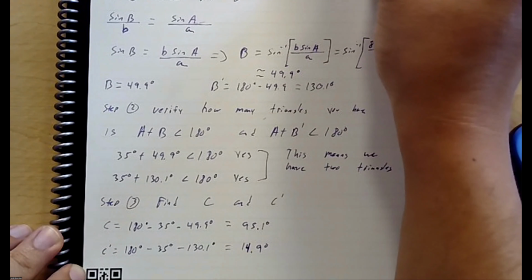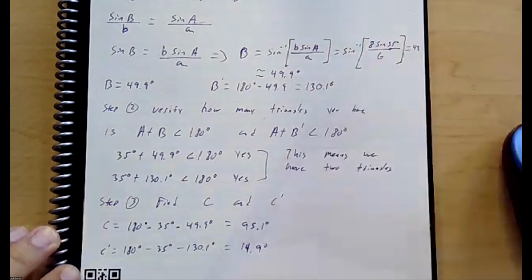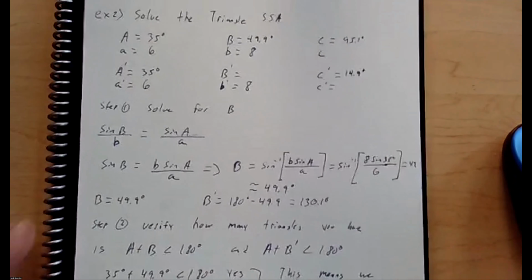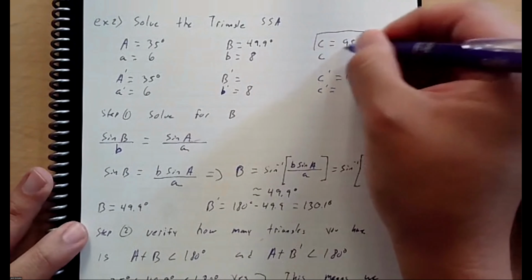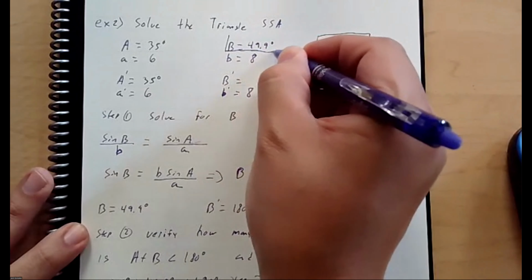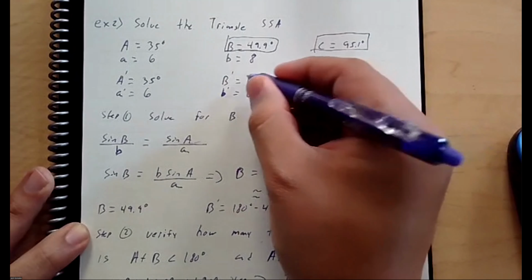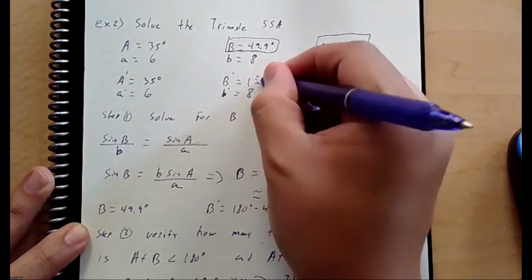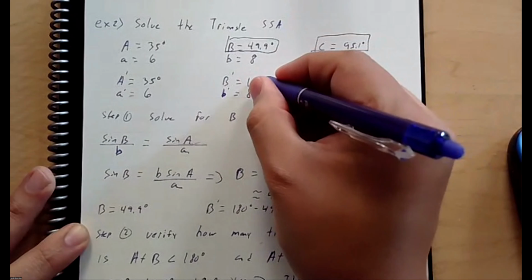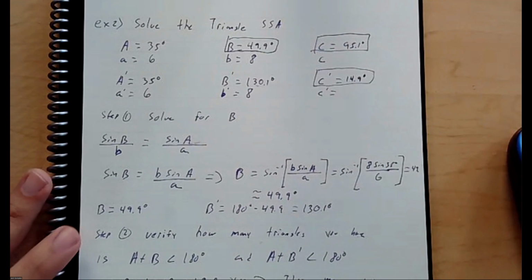Any questions so far? You guys doing good? Okay. Back to that in a second. So we found capital C, C prime, capital B, and B prime. Oh, we're almost done, right?